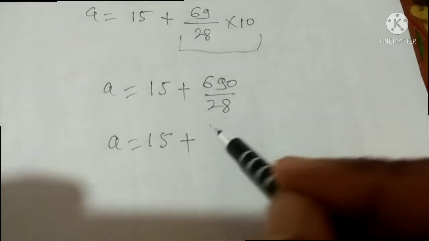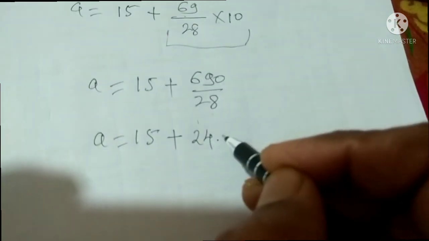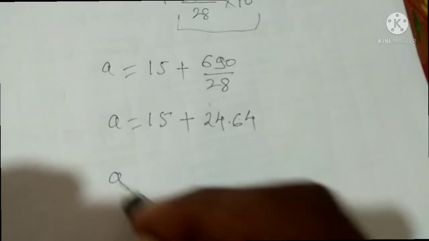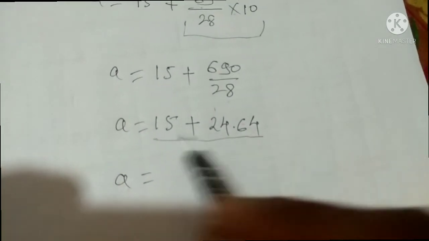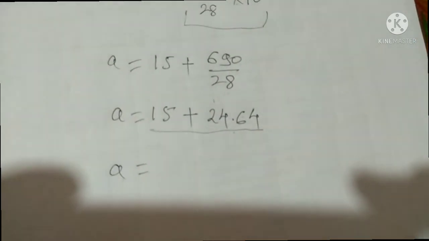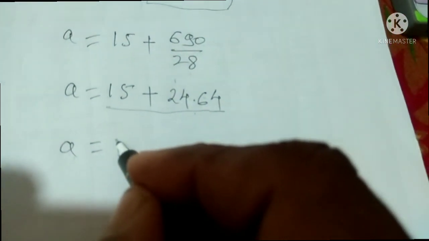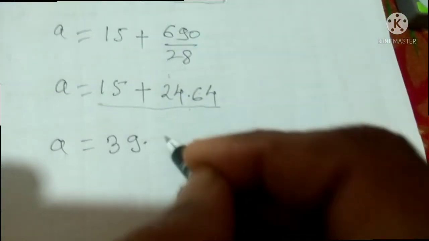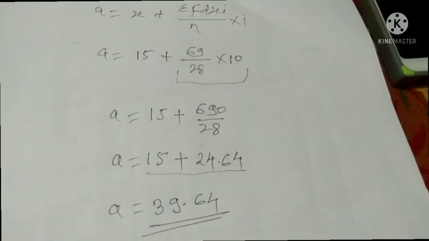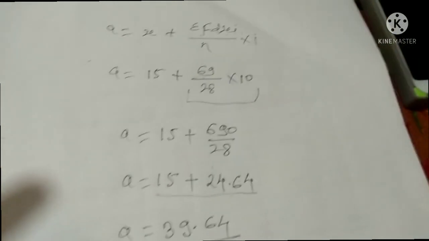The answer is 24.64. And after that, add this 15 to 24.64. Then the answer we find is 39.64. So in this way we have found the mean by the indirect method for continuous series.